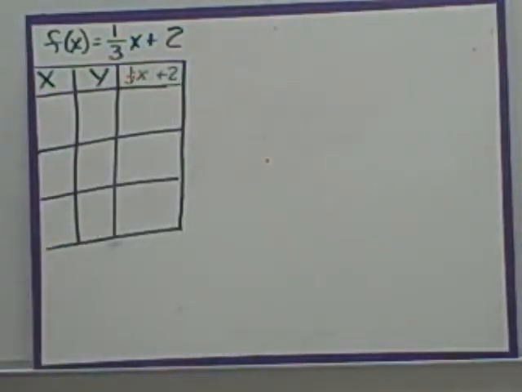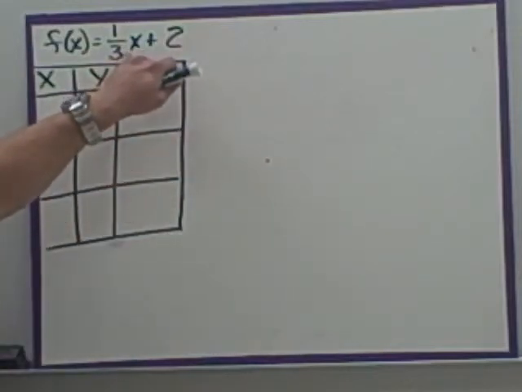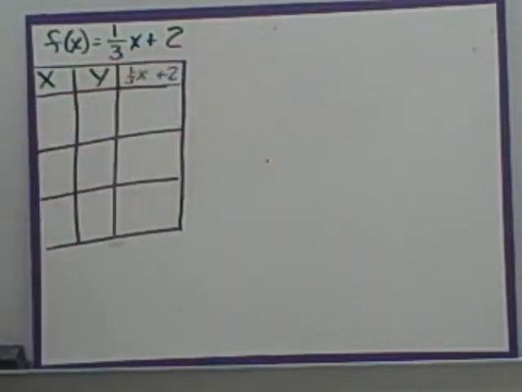Now, if I go with my standard choices of -2, 0, and 2, I'm going to end up with fractions, because that 1/3 times my x value is going to give me a fraction. It'd be nice if I could choose my value so that I get whole numbers instead. Well, can I? Sure. Anything that's a multiple of 3 multiplied by 1/3 is going to cancel out the fraction.